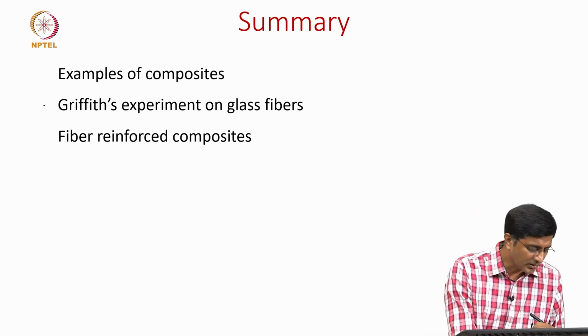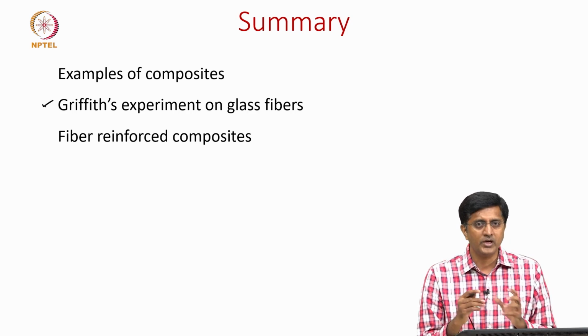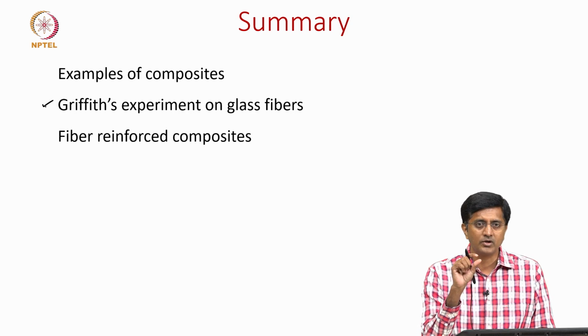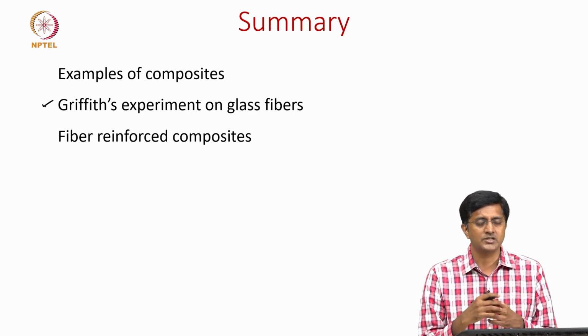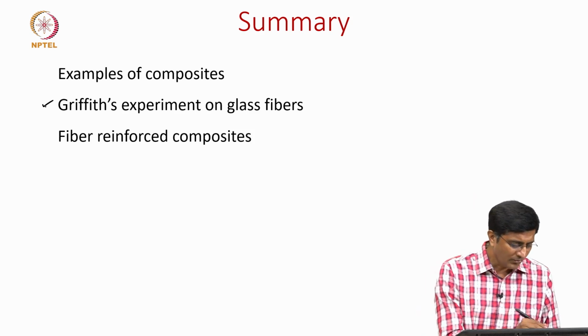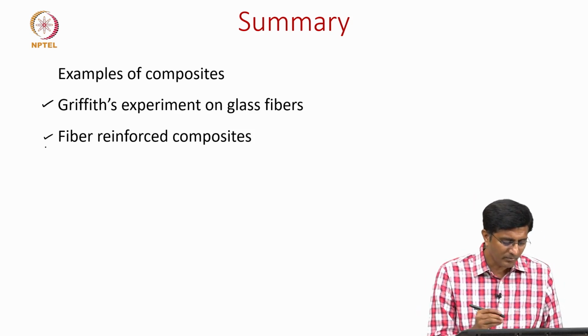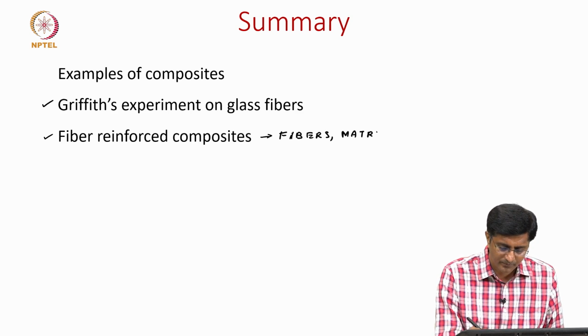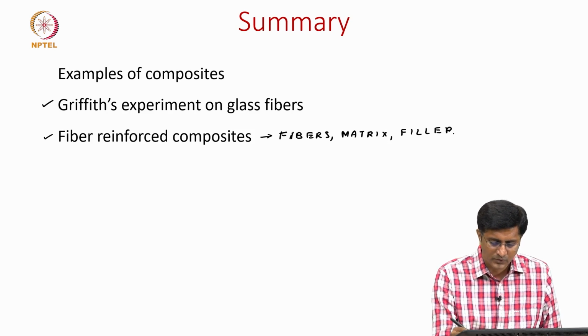For that we looked at Griffith's experiment, where we have seen that as you reduce the size or the diameter of the fiber, we get higher strength, and it is related to the lower likelihood of finding flaws. Finally, we looked at fiber reinforced composites, saying that in addition to the fibers, we have matrix and filler.